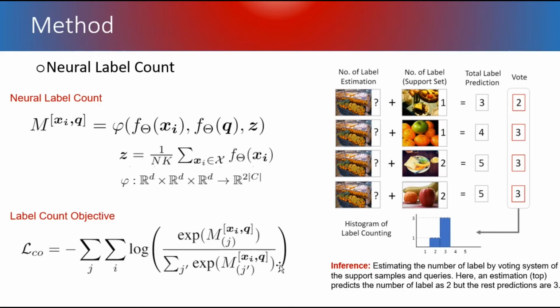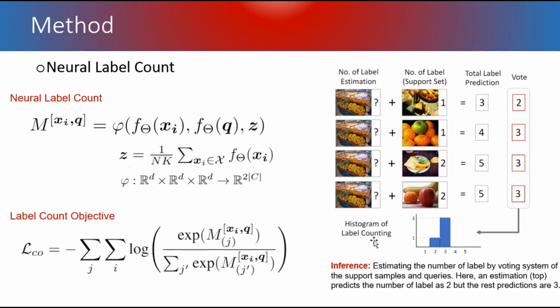For the label count objective, we calculate basically the entropy of our prediction for counting the objects inside one image. In inference, we calculate the label estimation, and for the labels in the support set we know how many labels are objects in the image, and we do voting.